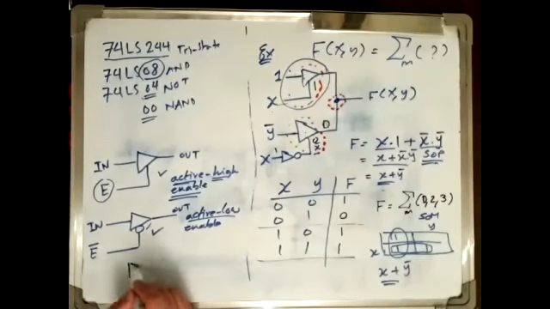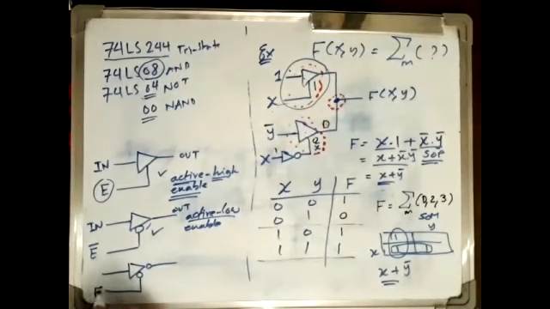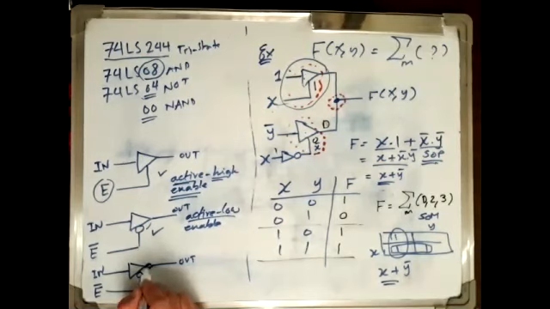Now, some other configurations might be something like this. For example, the output is also complemented. So here it is an active low enable, and basically the output is the complement of the input. So this is a tri-state inverter, not a tri-state buffer, because we have a bubble here.